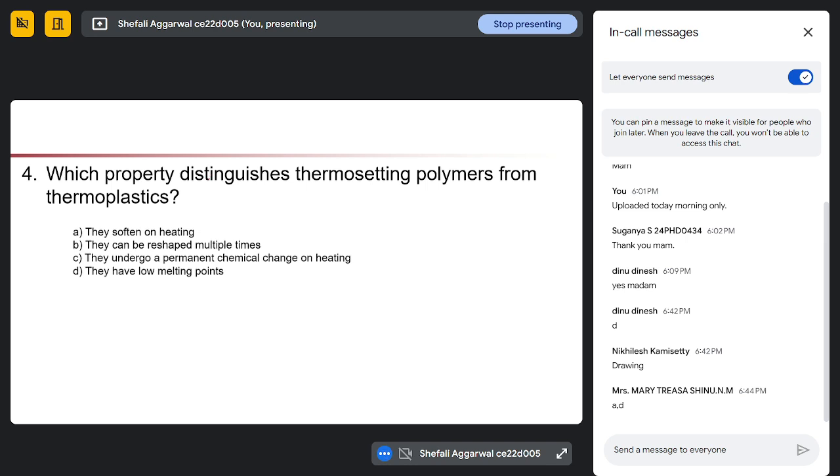Next question is, which property distinguishes thermosetting polymers from thermoplastics? Thermosetting polymers soften on heating, can be reshaped multiple times, can undergo permanent chemical change on heating, they have low melting point.